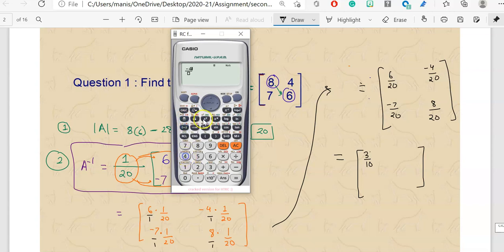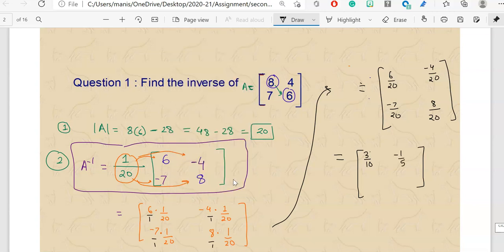Your answer is negative 1 over 5. But this one is already, it cannot be simplified. It will be like this. And this one we can simplify over here. So 4 times 2, it should be your 2 over 5. So this is the inverse of a matrix.